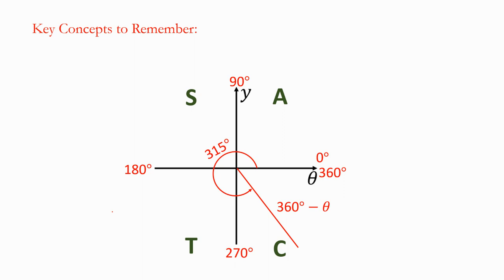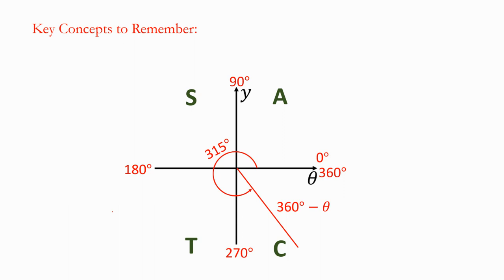Because if you say 360 degrees minus 45 degrees, you will get 315 degrees. So it is in the fourth quadrant. Okay, and then now, if it's tan 360 minus theta, what is it going to reduce to? If it is cos 360 minus theta, what is it going to reduce to?